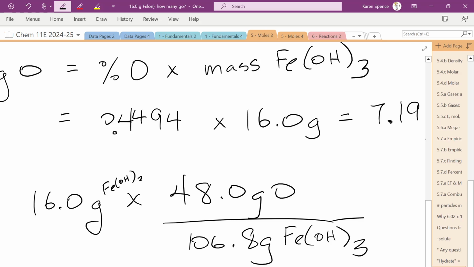You just keep it in fraction rather than putting it as a decimal, and you don't have to convert to moles in the middle. So this is actually the shortest way of doing it.